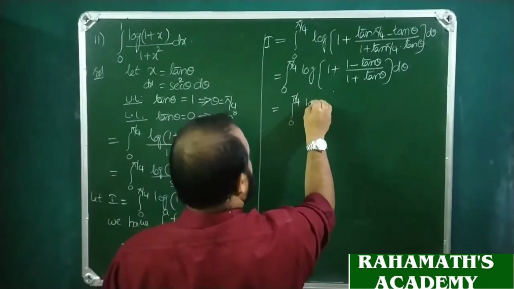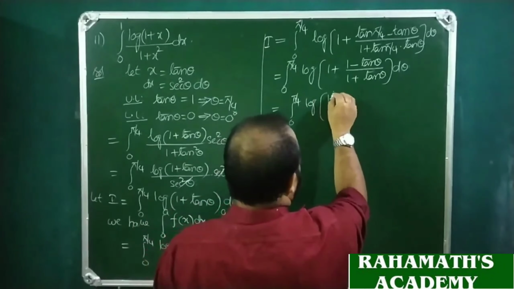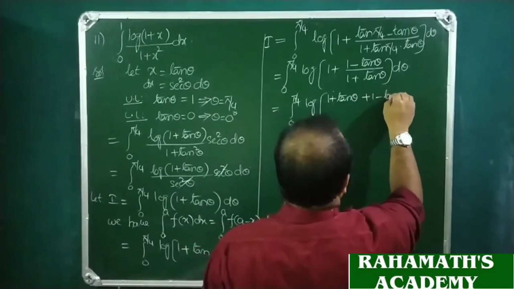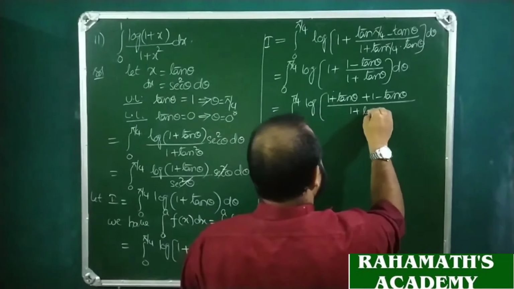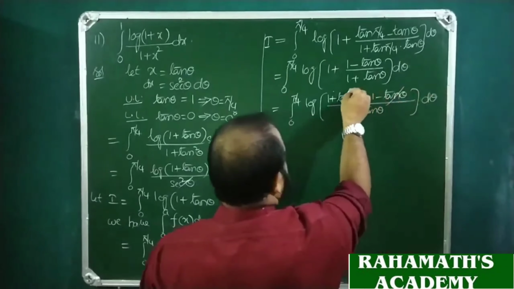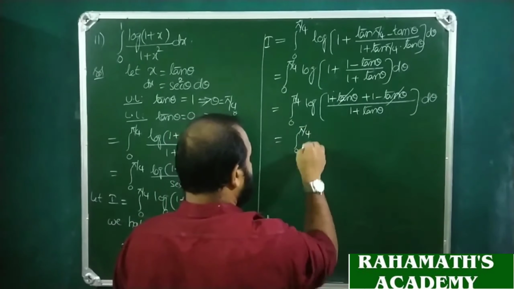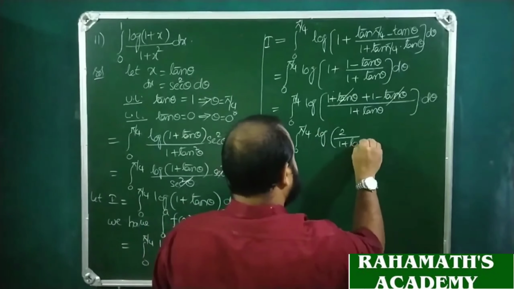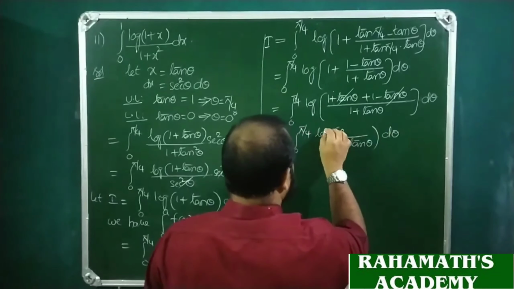Integral 0 to pi by 4 of log, if you take the LCM, (1 plus tan theta plus 1 minus tan theta) by (1 plus tan theta) d theta. So tan theta gets cancelled. So integral 0 to pi by 4 of log(2 by (1 plus tan theta)) d theta.